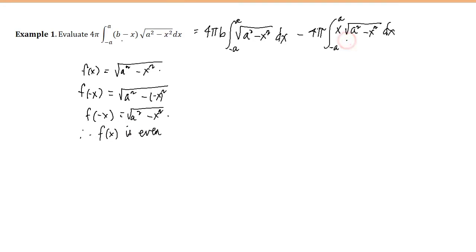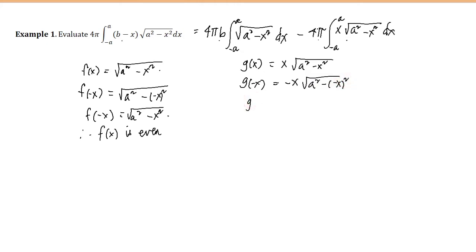So for this second term here, papangalanan natin siyang g of x, and this is equal to x square root of a squared minus x squared. So hindi na natin sinasama tong mga constants, no? So wala naman siyang impact. So we have here g of negative x is equal to negative x multiplied by a squared minus negative x squared.